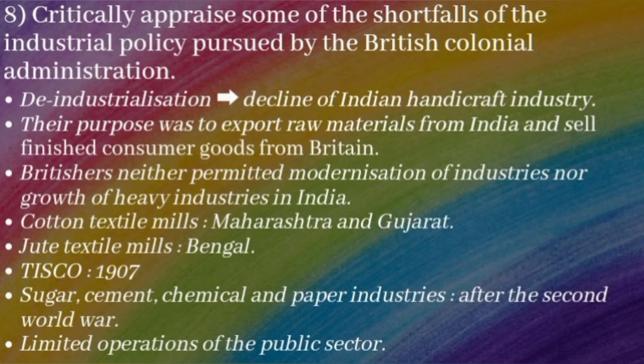And some other industries like sugar, cement, chemical and paper were set up after the Second World War. And there were limited operations of the public sector. That means the public sector was only operating in railways, communication and such fields, and not in other sectors of the economy.